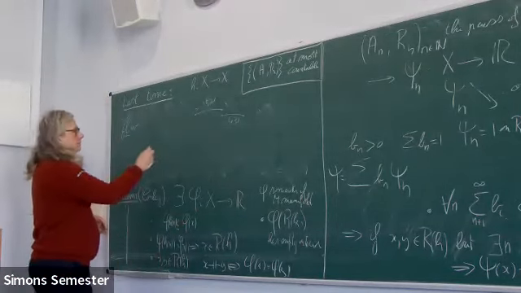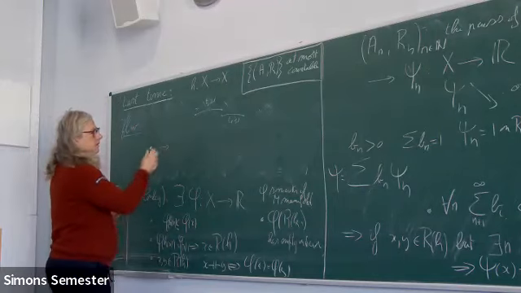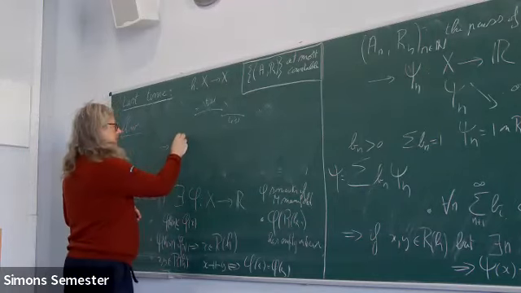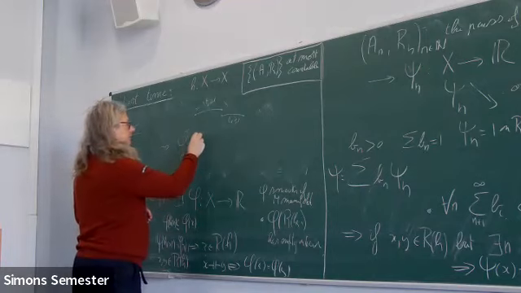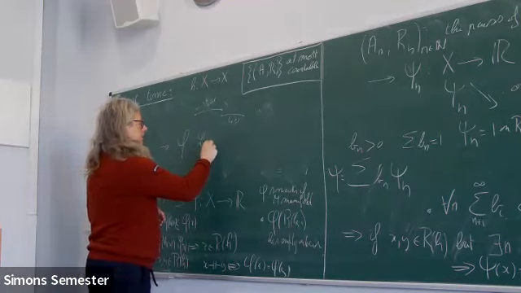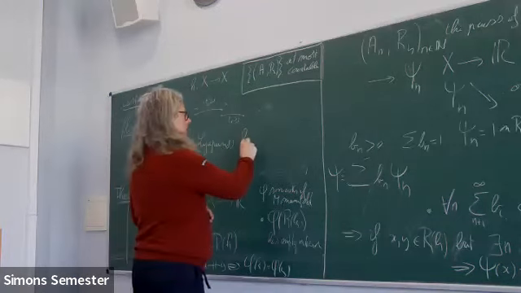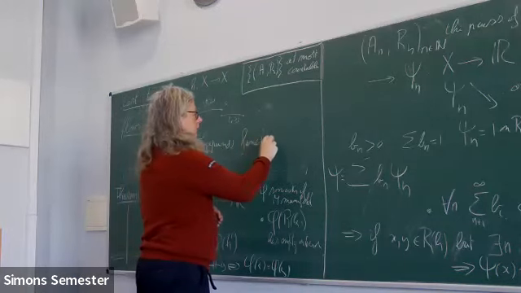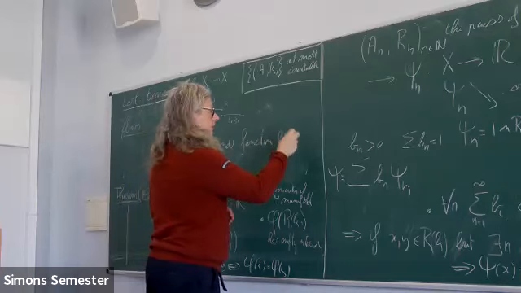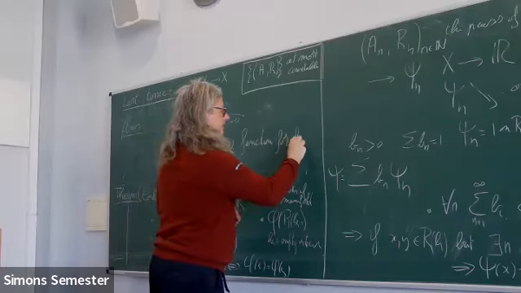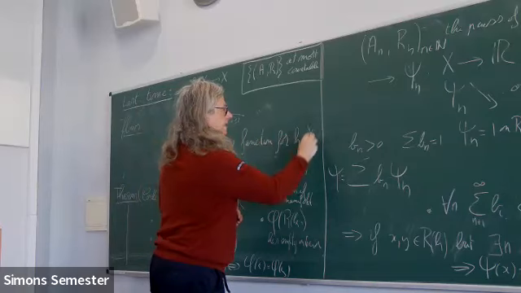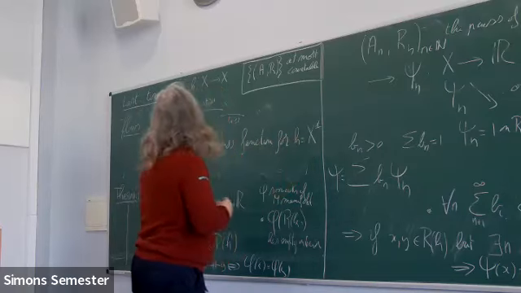So for a flow, you just consider phi, a Lyapunov function for H, which is the time 1 map of your flow.